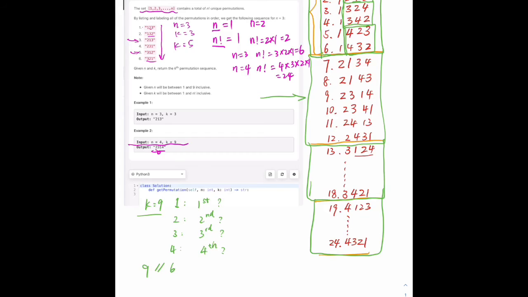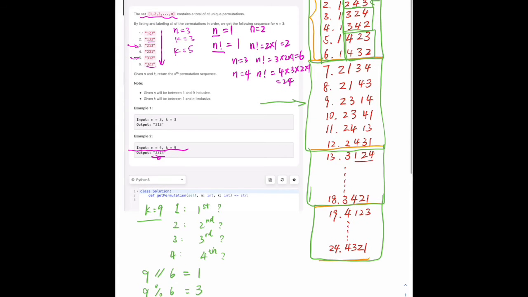So if we can divide this number by 6, then we know how many blocks we can exclude. 9 divided by 6 will be 1. Remainder is 3. That means we can ignore the first block now because the first block has 6 numbers. So then we know this number should be in the second block. It must start with the second number here.